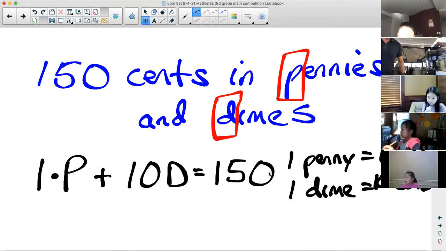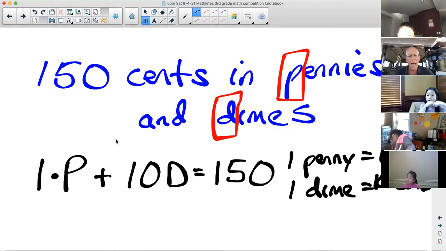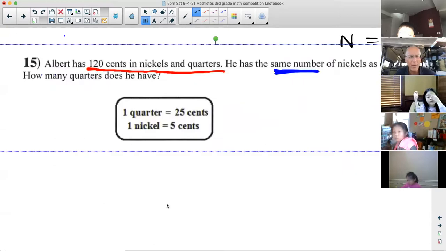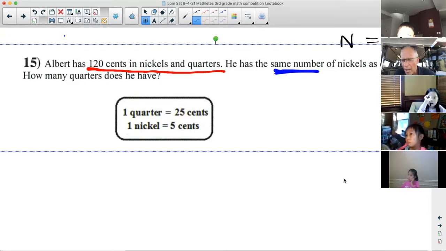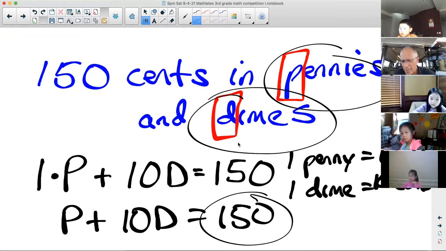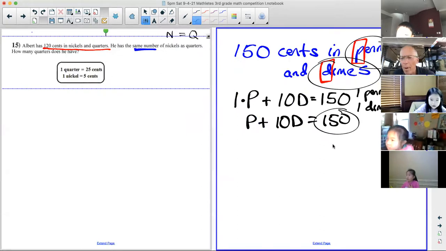Okay, now, if we can write out an algebraic representation of P plus 10D equals 150, how could we write out an algebraic representation for nickels and quarters, which add up to 120 cents? Who thinks they can talk about that? Remember, we just did one where we had 150 cents, pennies and dimes. So how can we use that thinking? I'll leave the problem up for you. Write it down.